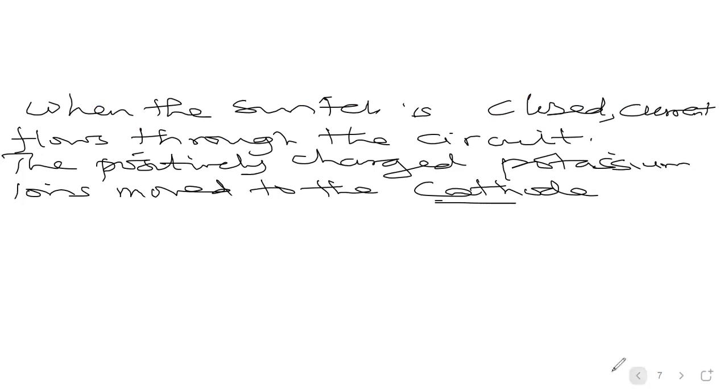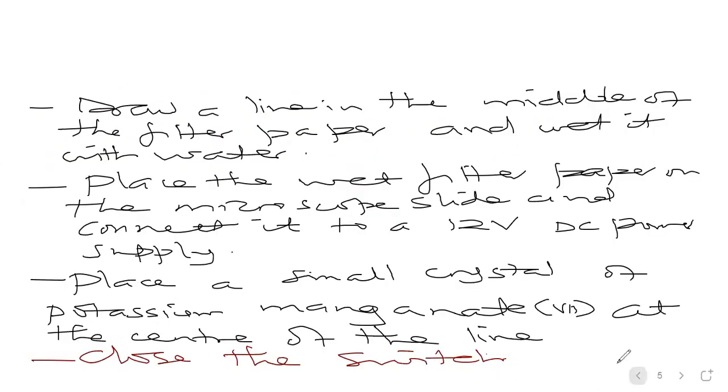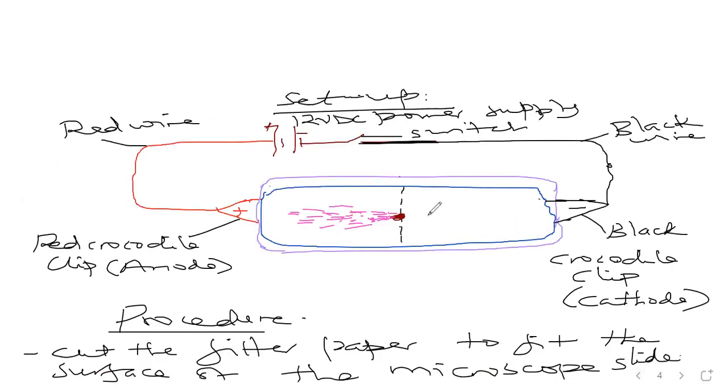That's why here we are seeing that towards the cathode there is no color. There is no color moving there. Actually, we see that side of the filter paper remaining colorless because potassium ions are not colored. So actually what happens is this. At this point, the potassium manganate ionizes to give us potassium ions, which migrate to the cathode.